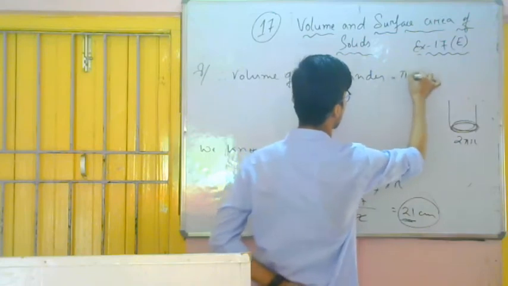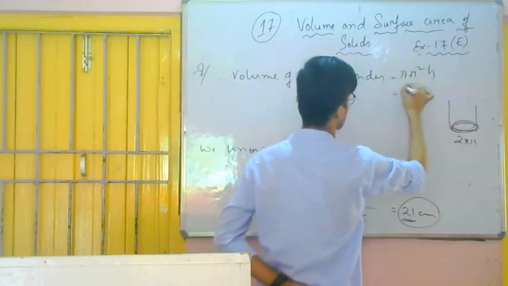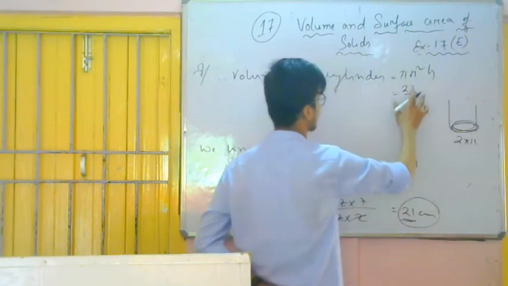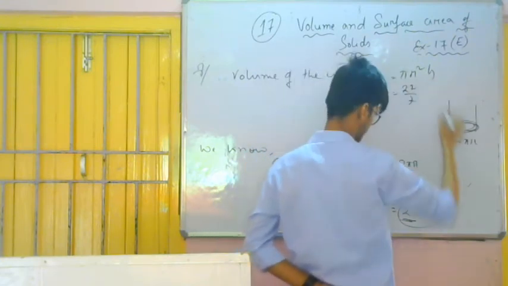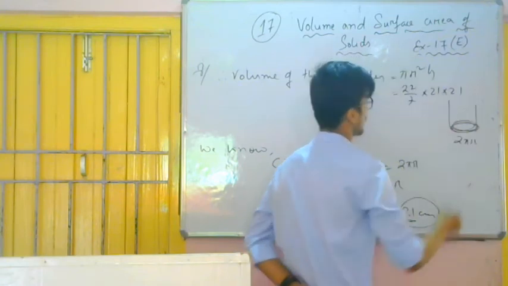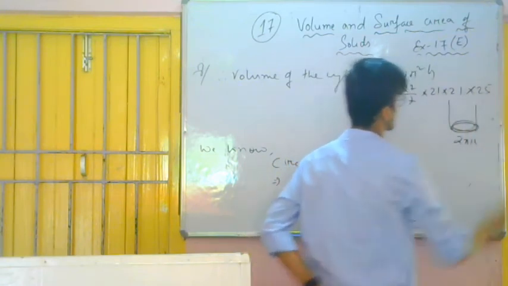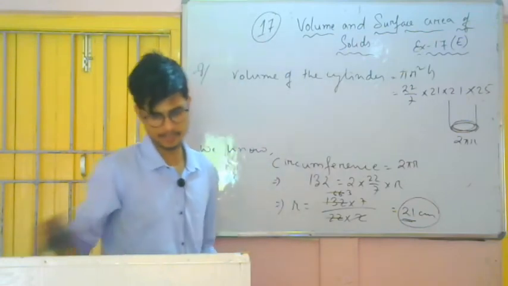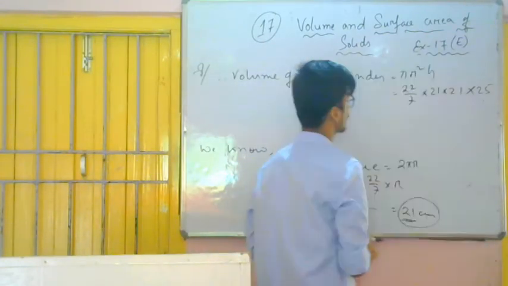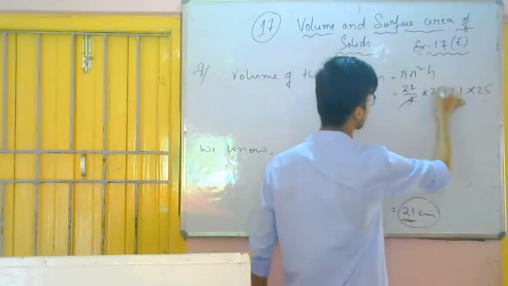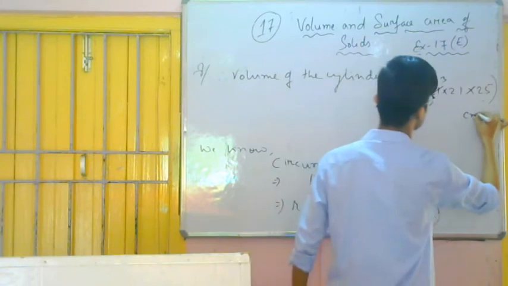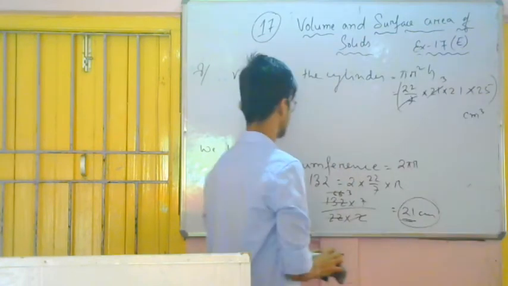So pi r square h: pi is 22/7, radius is 21 square, that means 21 into 21, and height in the question is given as 25. With 7, if I cancel this one, 7 3s are 21. Since it is the volume, the unit will be centimeter cube.